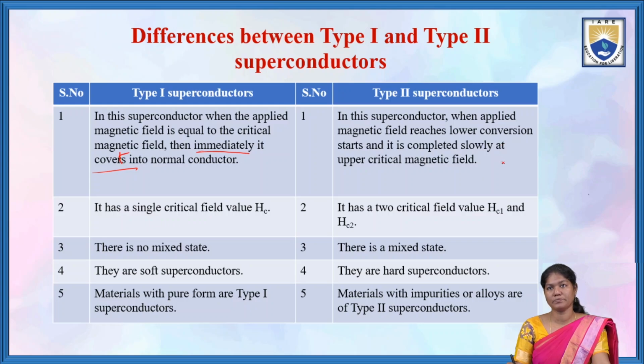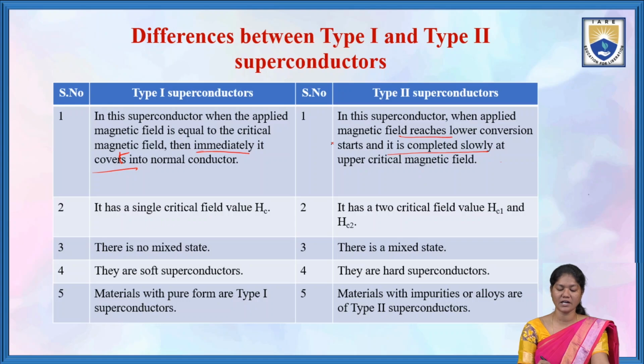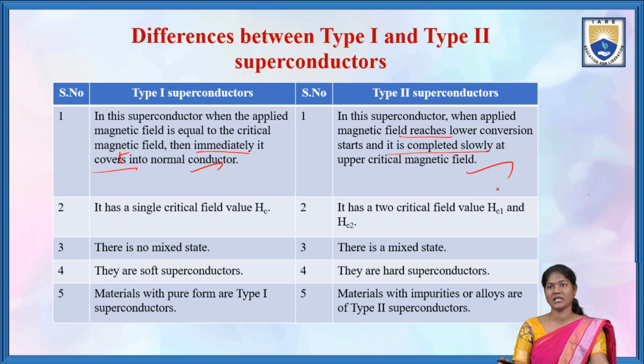In type 2 superconductors, when the applied magnetic field reaches the lower critical field, conversion starts, and it is completed slowly at the upper critical magnetic field.